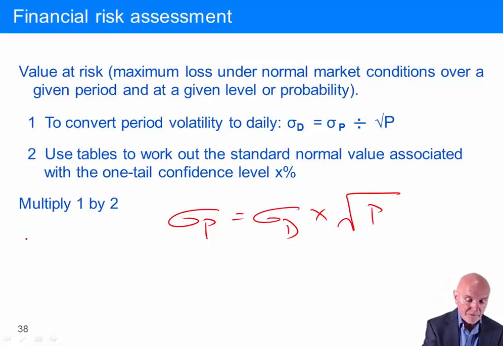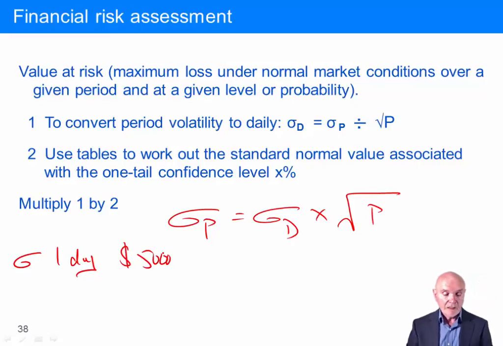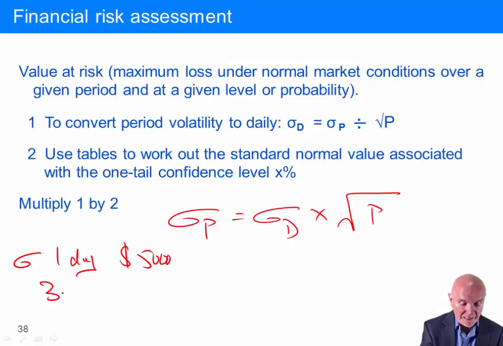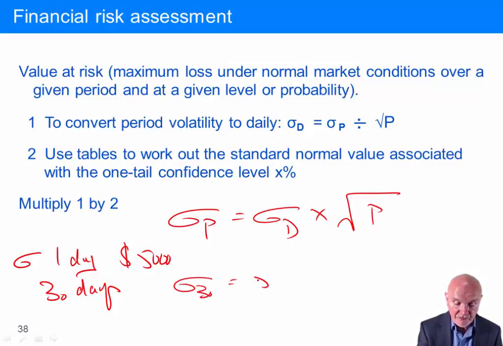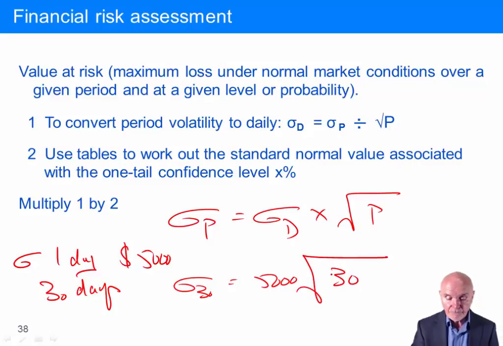So if you're doing 30 days here, so what we had was a sigma for one day. An example we were doing was $5,000. And let's say we're looking for 30 days, what's going to happen roughly at the end of the month? Then the sigma for the 30 days is going to be 5,000 root 30.